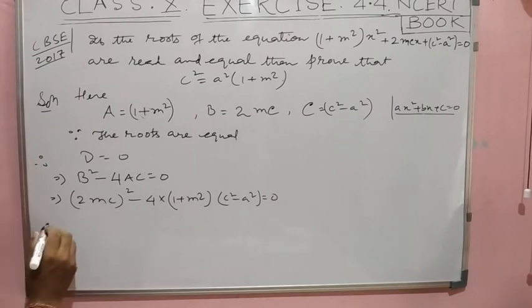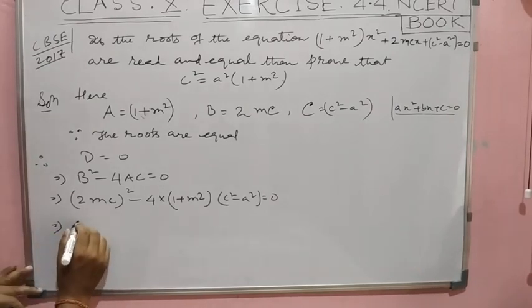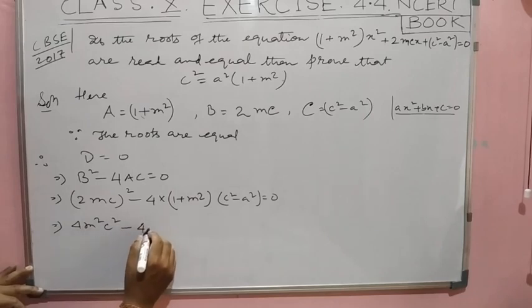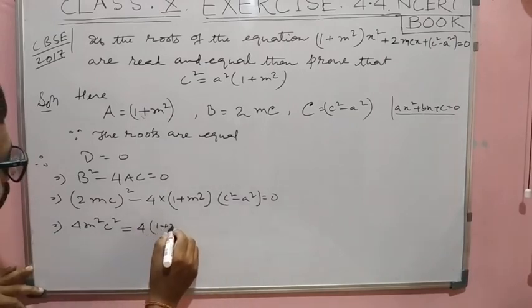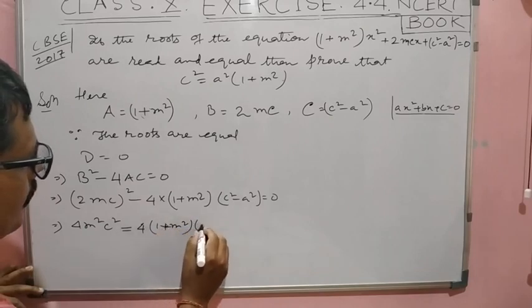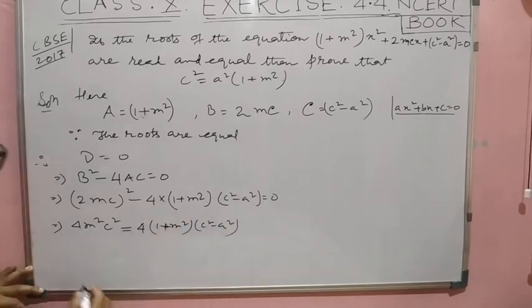Now let us calculate this. It will be 4 m square c square minus 4, transfer this side, it will be 4 into (1 plus m square) into (c square minus a square).